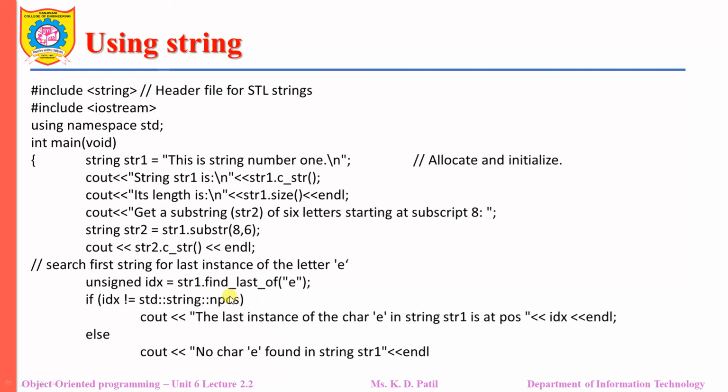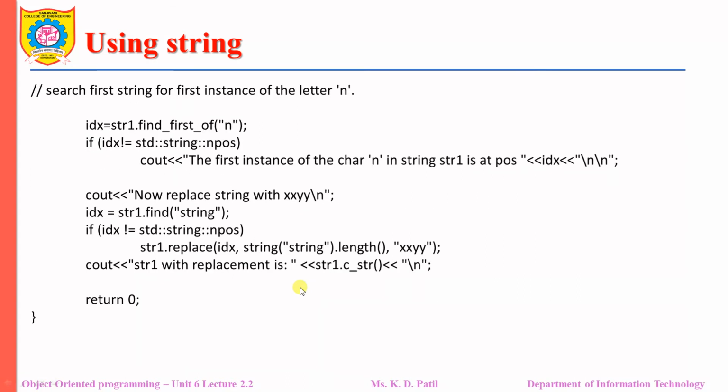The way I get the index position of E here, in the same way I can also get the first instance of some character by using the function find_first_of.